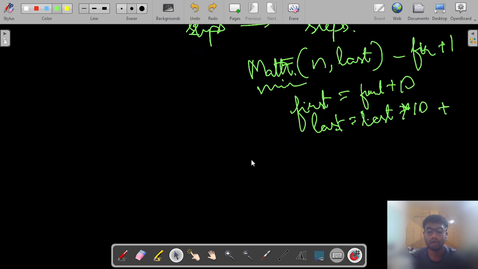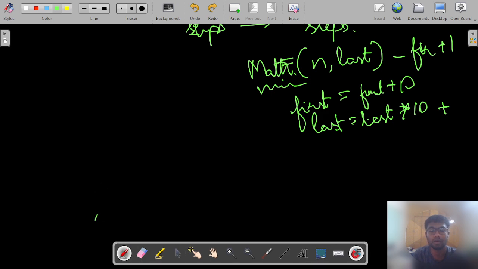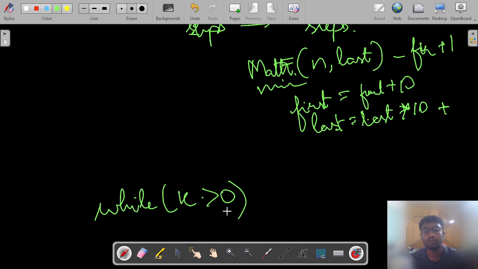So once we have the number of steps, we use those number of steps to be calculated at every kth value, until we reach a specific index.